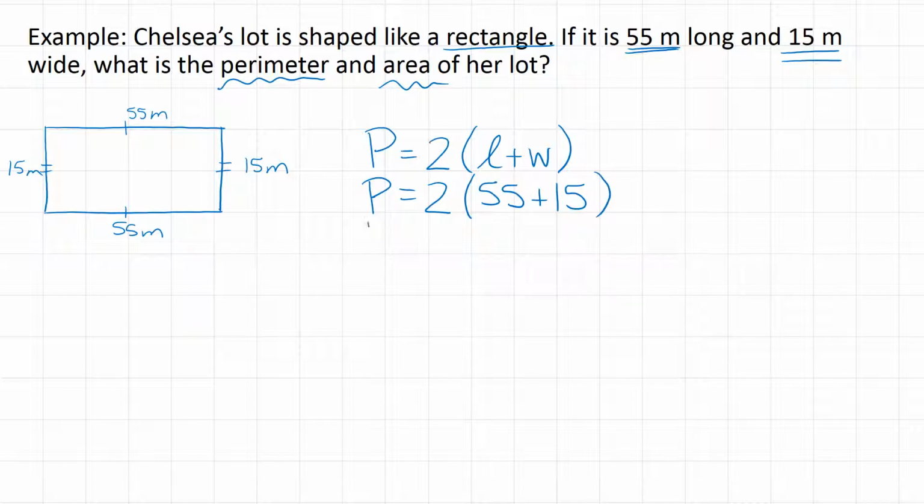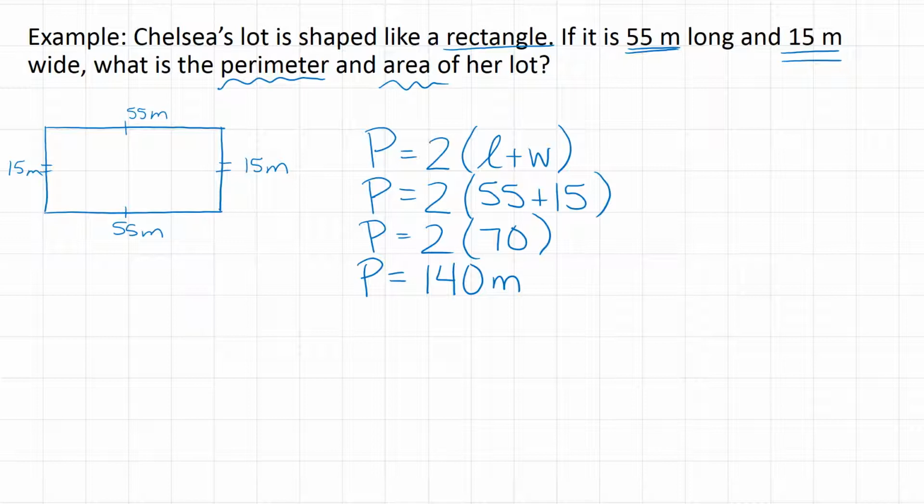When I add those two numbers together, let's do some quick math, I get 70. Correct me if I'm wrong. No, I'm correct. And then finally, we just have to multiply that by 2 because we've got 2 of each of those sides. So the total perimeter of Chelsea's lot is 140 meters. If Chelsea wanted to put a fence around this, she would need 140 meters of fencing.